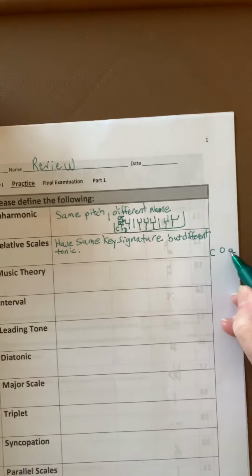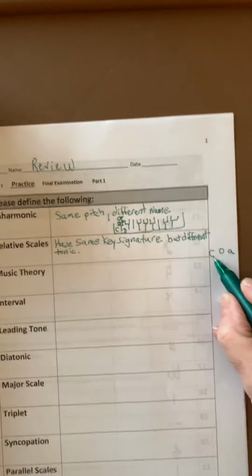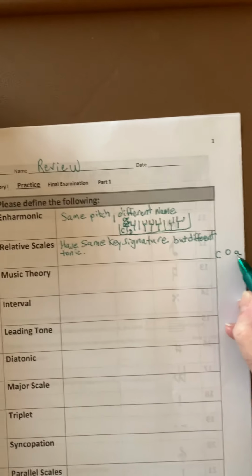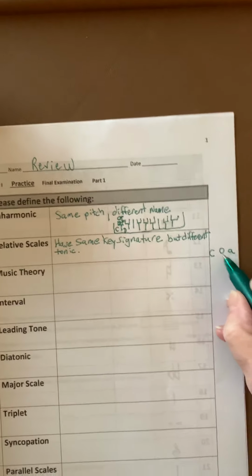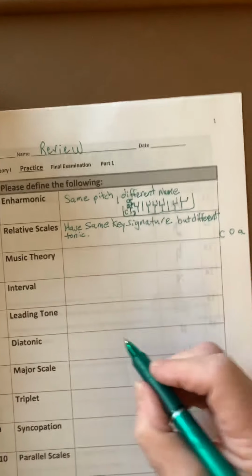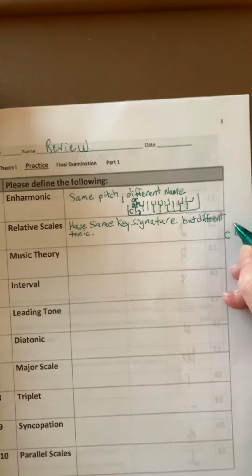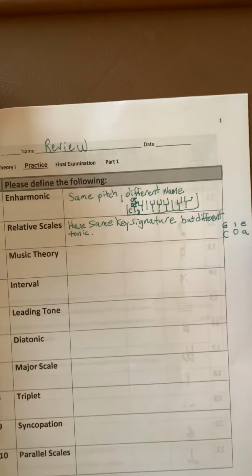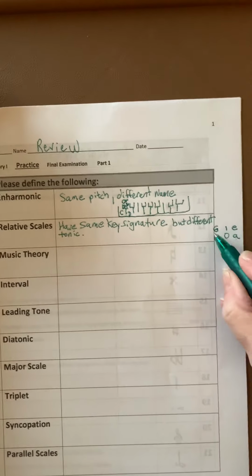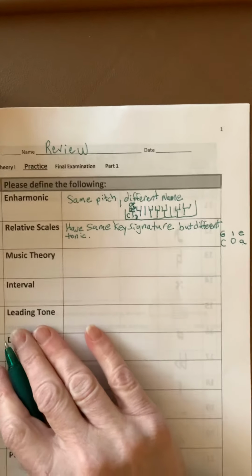They both have no sharps or flats, but A is the same scale as this C, except it's starting on A and ending on A, and this C is starting on C and ending on C, but they both have no sharps or flats. They're relatives. Okay, if we go up one, this is the key of G major or E minor. They both share the same key, but they have different tonics, starting notes.